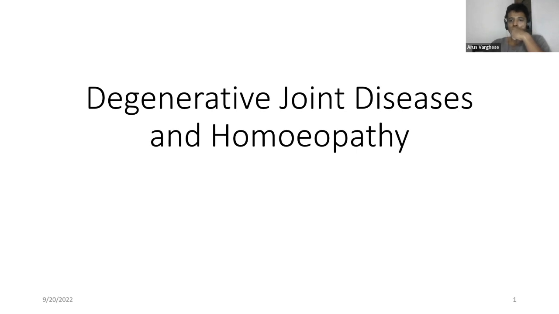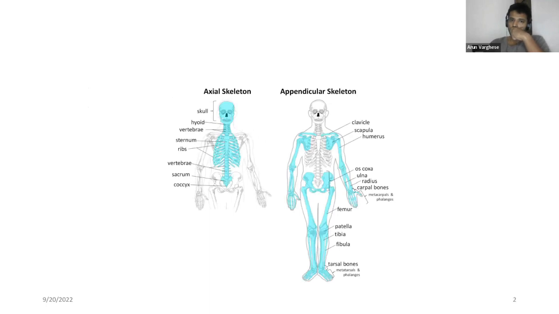Okay. So as you can see here, the most commonly affected ones are our axial skeleton or our weight-bearing joints. In OA, we see other non-weight-bearing joints are also affected, like for example, finger joints.